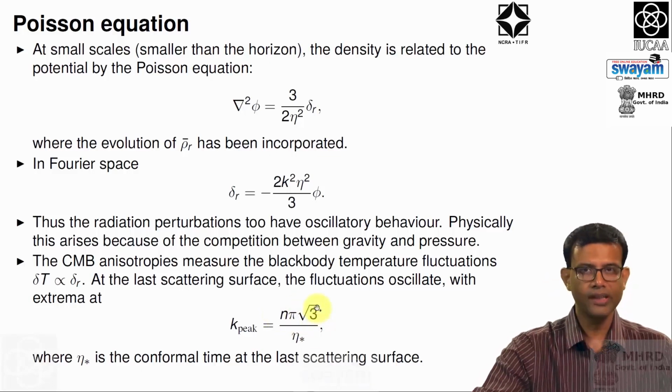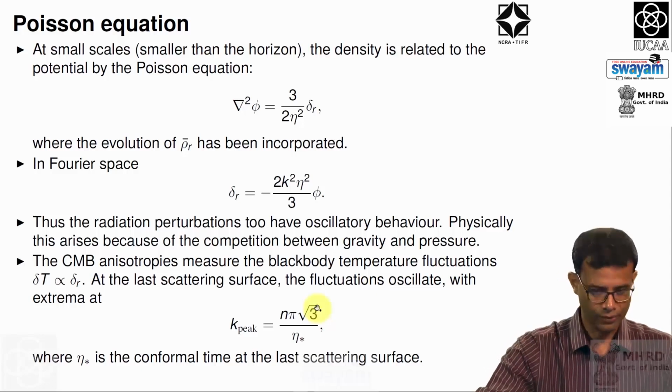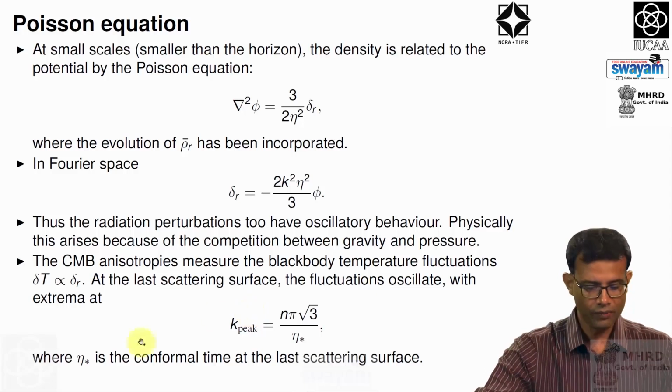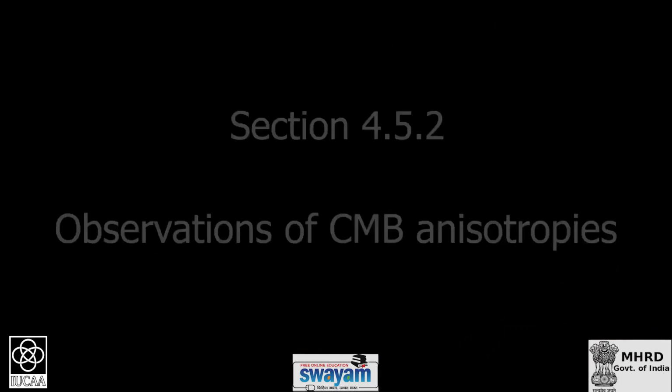Remember, this root 3 is arising because of the speed of sound. If we are working at the last scattering surface, because that is where the temperature anisotropies are observed, we have to put in the conformal time corresponding to the last scattering surface.